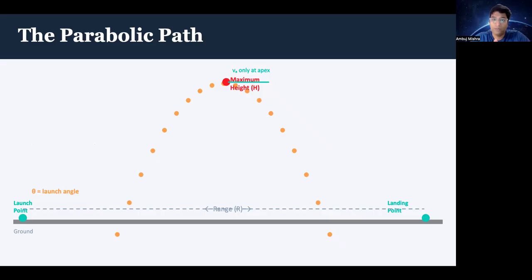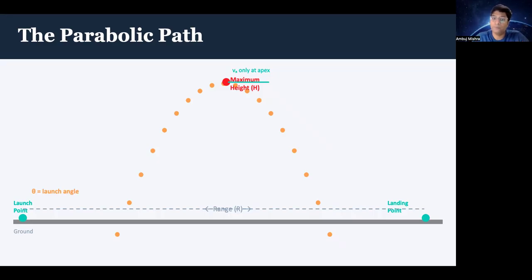Now you can look at the beautiful parabola over here, right? The motion performed by a projectile forms a parabolic path. So from the picture, it is clear that the range is from where the projectile starts to where it ends.